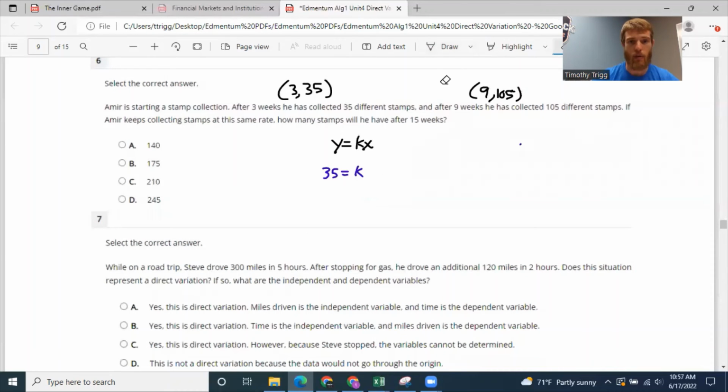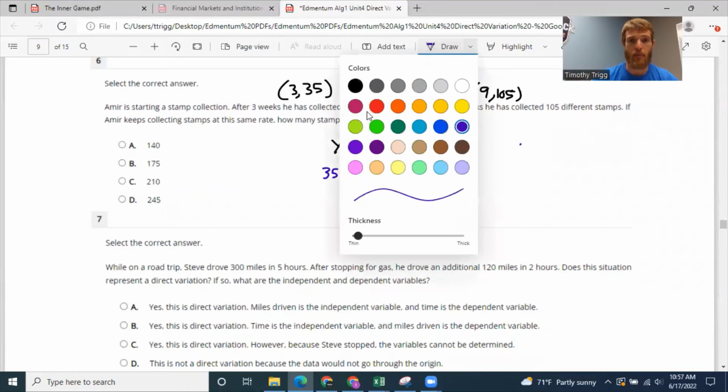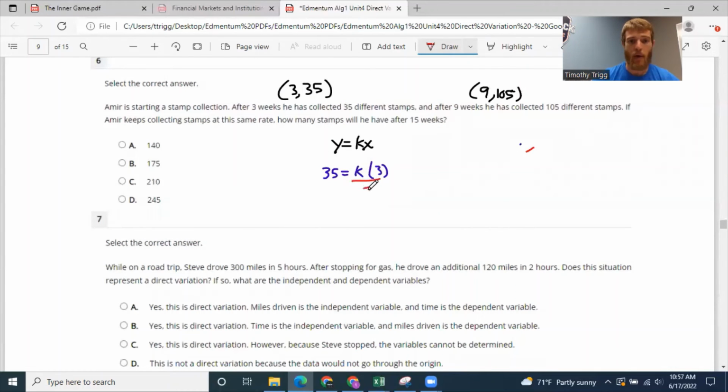Replace the x with 3, because that's the x coordinate. Go ahead and divide both sides by 3 to get k by itself. By the way, I hope you're following along and writing everything that I write. So that gives us the equation y equals 35 over 3 x. So this is our direct variation equation.